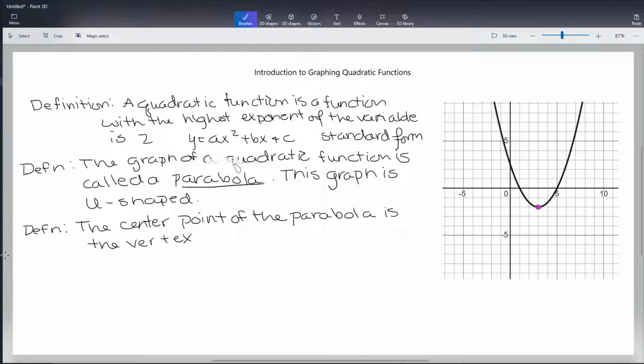Again, you can see our vertex on this graph labeled here in purple, and this is the point (3, -2).